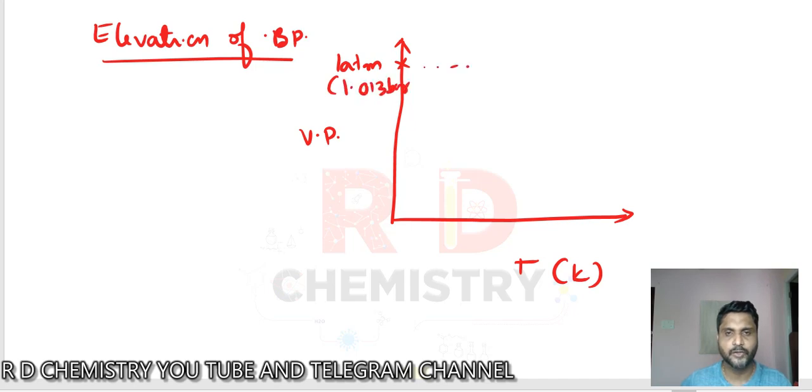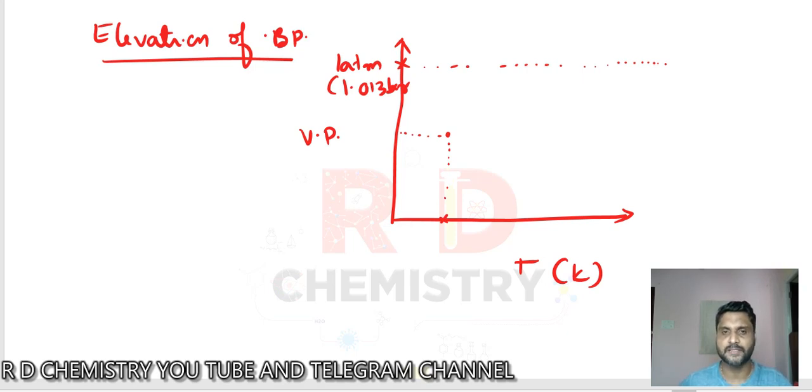So this should be the pressure. Now let me take a pure solvent like water. This is the room temperature and the corresponding vapor pressure. I will increase the temperature.